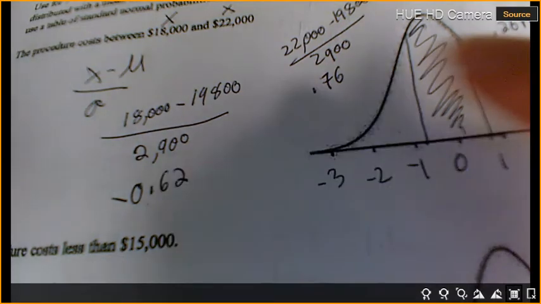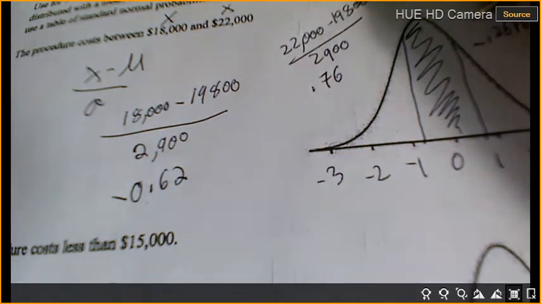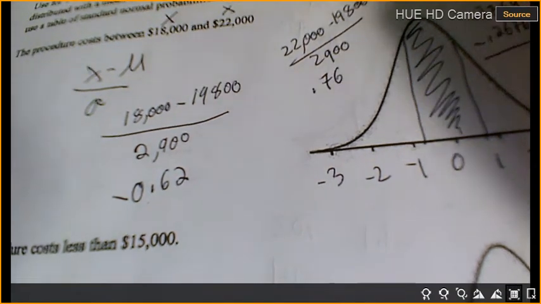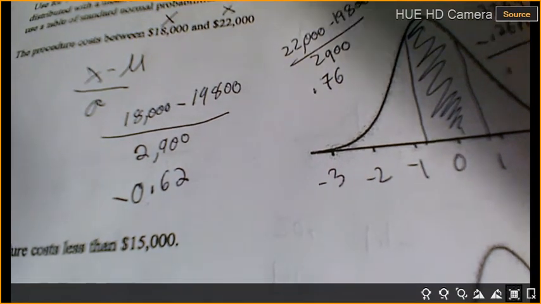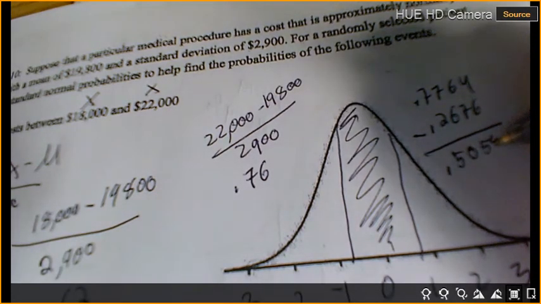And then when I look up 0.76, I look up 0.7, go over 6, I get 0.7764. So I'm just subtracting those two, which gives me 0.5058, or 50.58%.